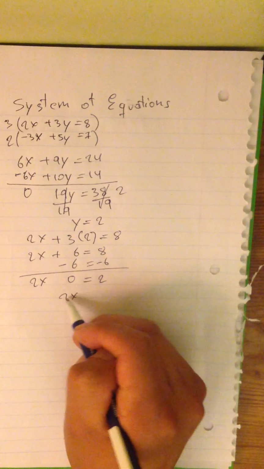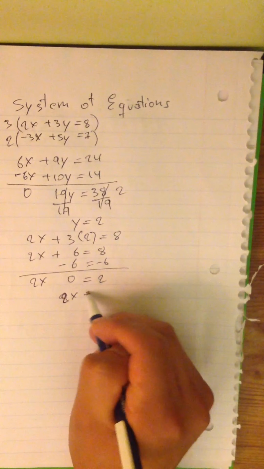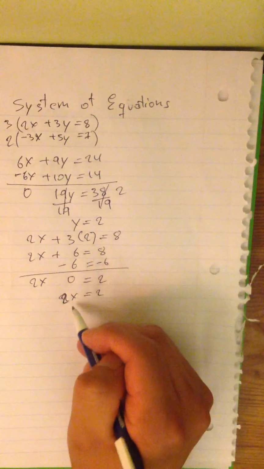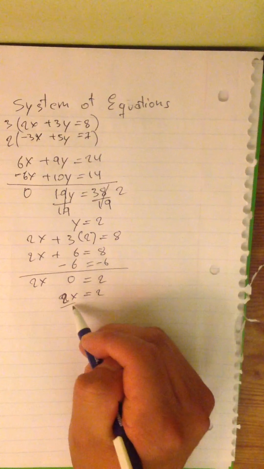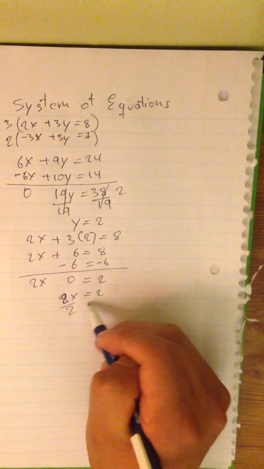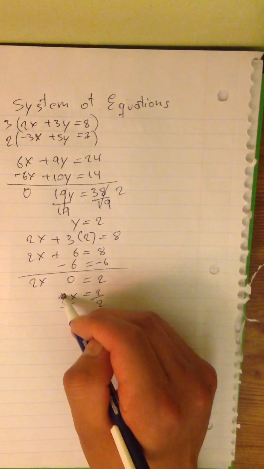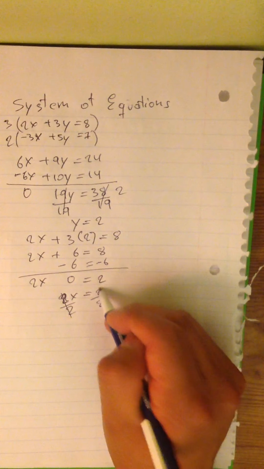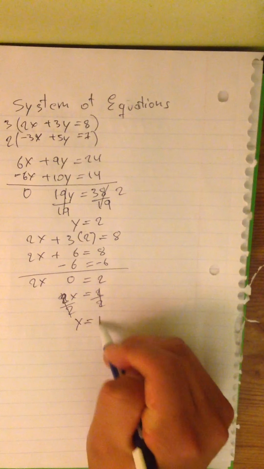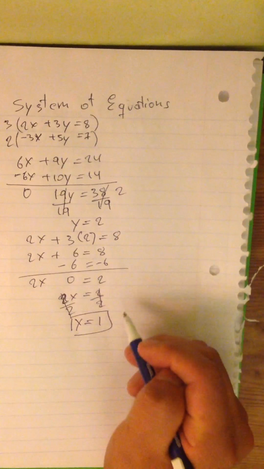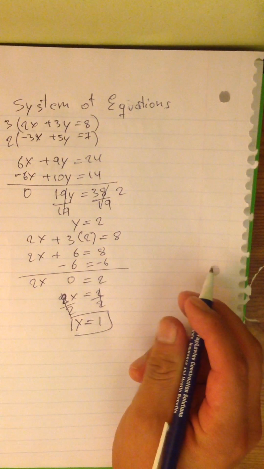Now solving for x, I should divide on both sides. 2 divided by 2 is 1, and 2 divided by 2 is 1. So I know that x equals 1 now.